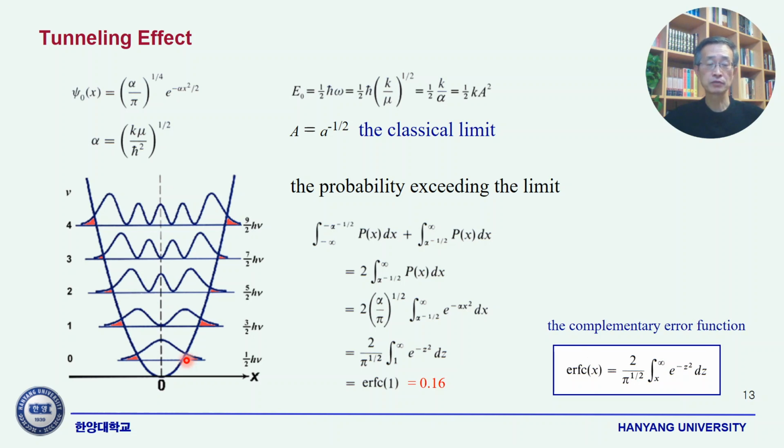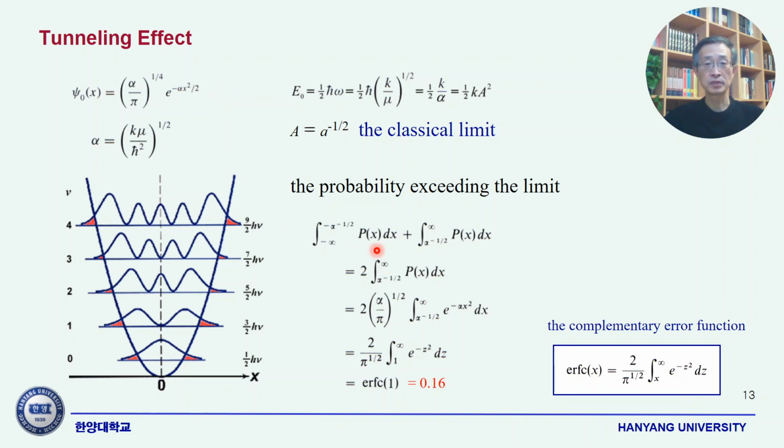So the question is, what is the probability beyond the classical limit? That means the probability exceeding the classical limit, and you must integrate from negative infinity to this point of the square of this function, because this is the probability amplitude and its square is the probability itself.